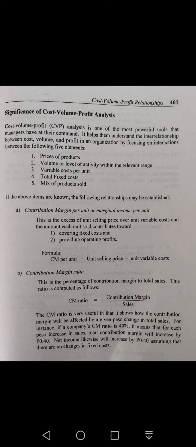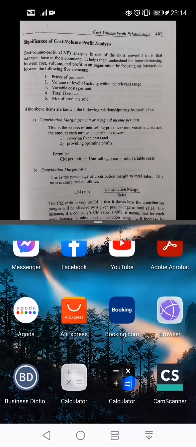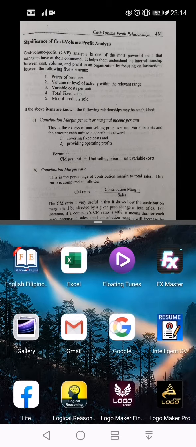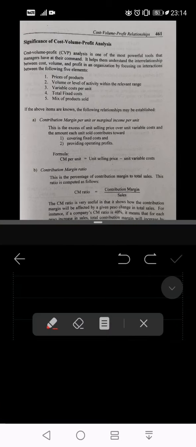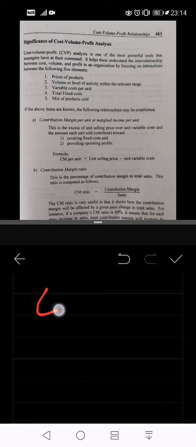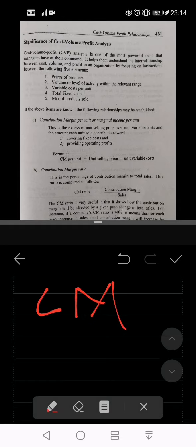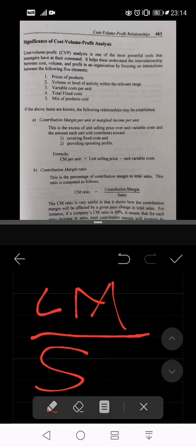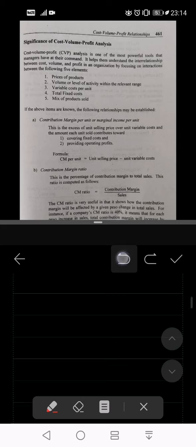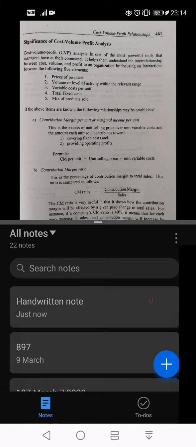To get the contribution margin ratio, we just take CM, or contribution margin, divided by sales. There we can get the contribution margin ratio.